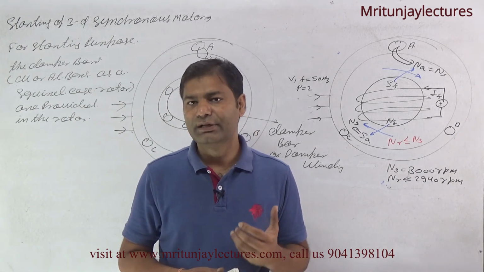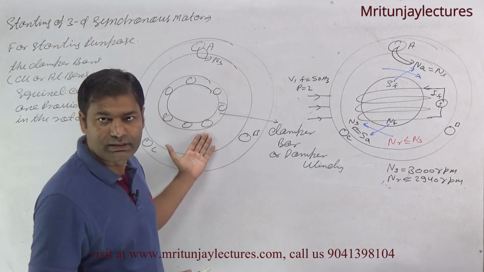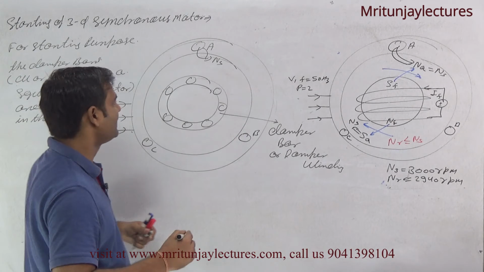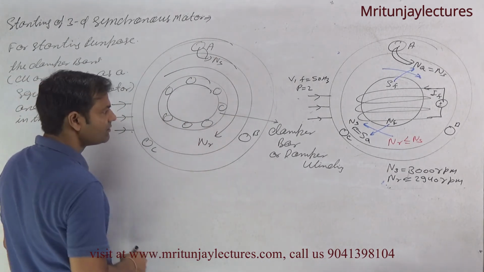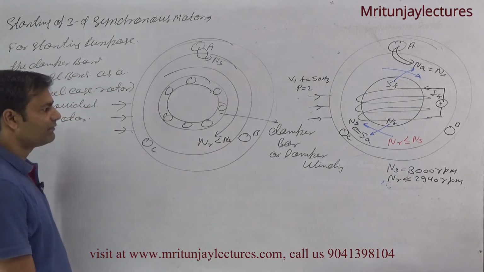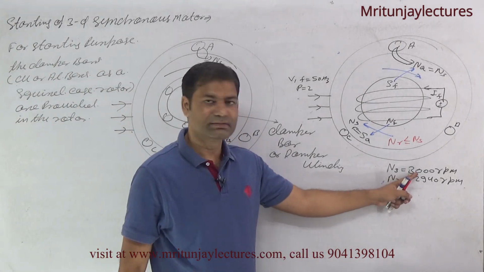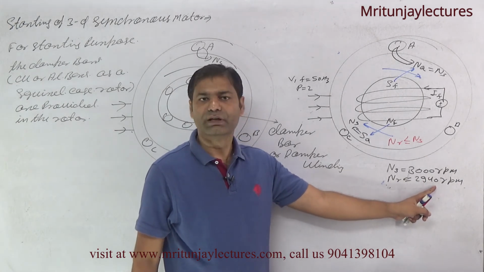According to Lenz law, induced current always opposes the relative motion. Same position as the induction motor. So the rotor starts rotating in the direction of the stator field like NR. This one is closer to NS. After that, NS is 3000 RPM, and NR gets closer to it.